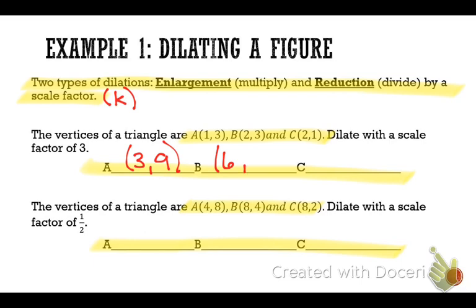What's 3 times 3? 9. All right, go ahead and do C. What's point C? 6, 3. Multiplied each value by my scale factor. Now, I know that the second one is a reduction because my scale factor is less than 1.